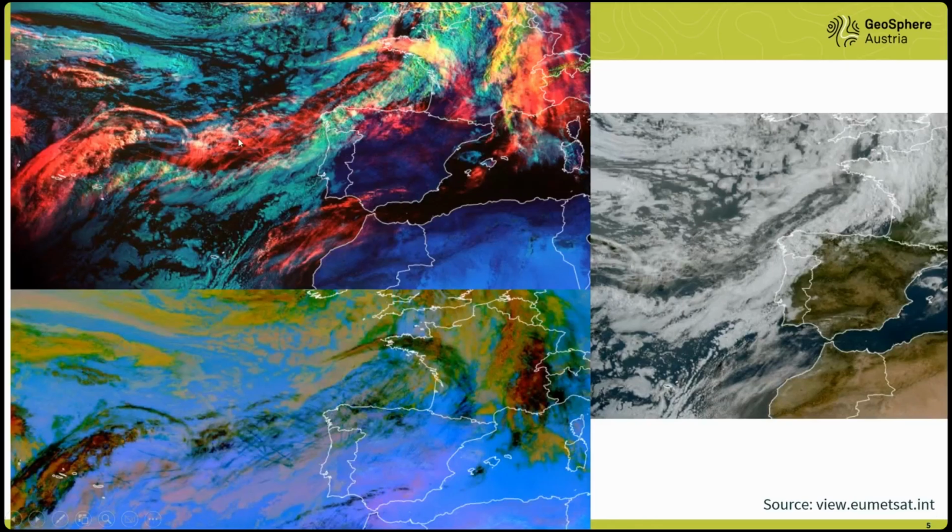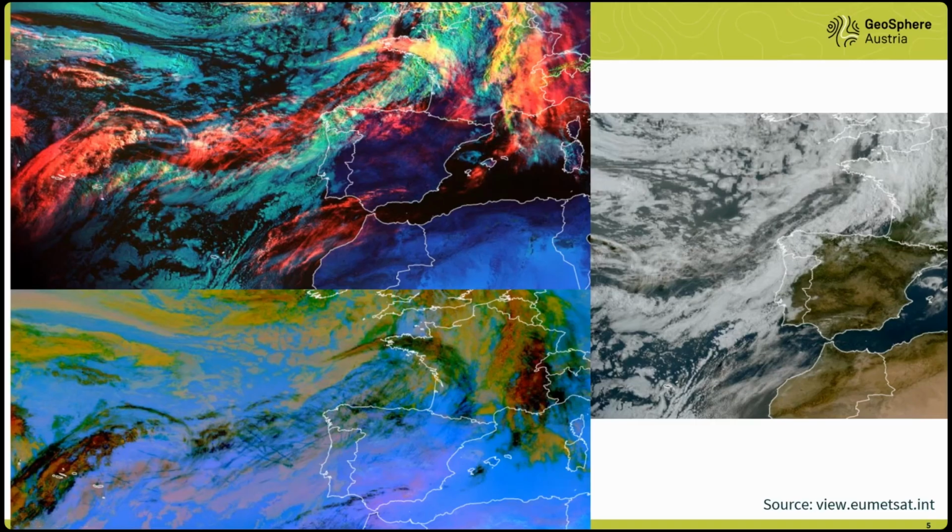You can also easily detect them in the Cloud Type RGB, but if you take a closer look at the true color RGB, you can only think where they are, but you have not so much details as with the dust RGB and the Cloud Type RGB. So yeah, you can see why those two are really the best tools for monitoring or detecting thin cirrus.